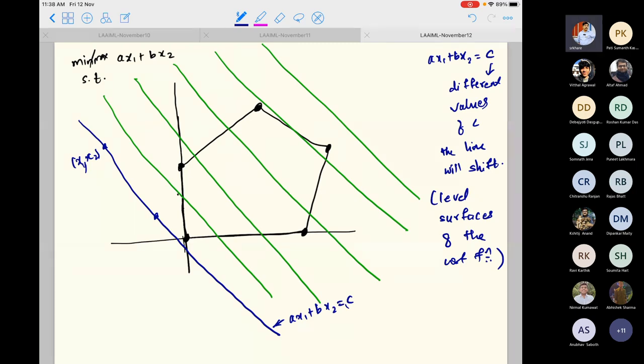And now you move this c for different values. What will happen when it intersects with this polygon? It will first intersect with only a point. Do you agree? Suppose I am coming from this side with different values of c. What is the first point of this polygon where this line will intersect?